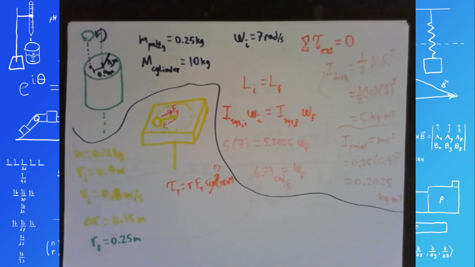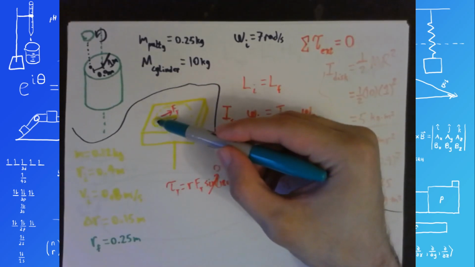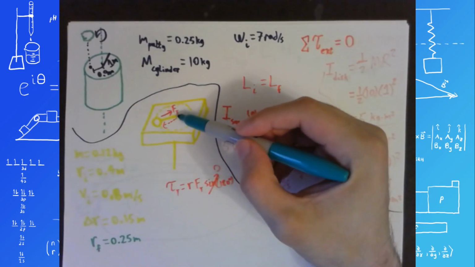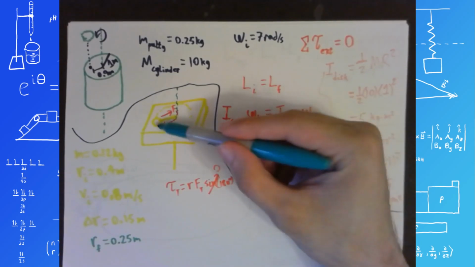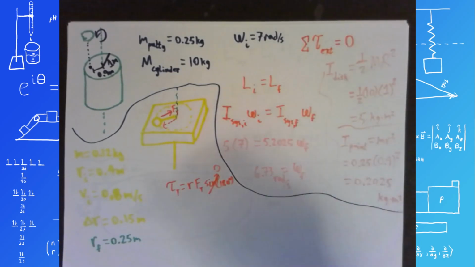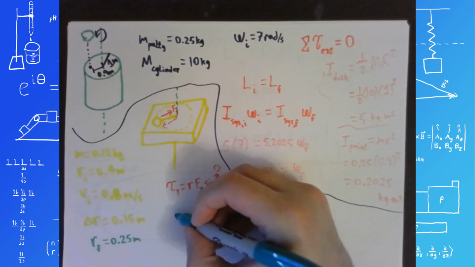And now we can just apply conservation of angular momentum. We can use the point mass version of it, because this puck has an axis of rotation that does not go through it. The axis of rotation is right here through the table. Does not go through the puck. So the puck can be treated as a point mass.